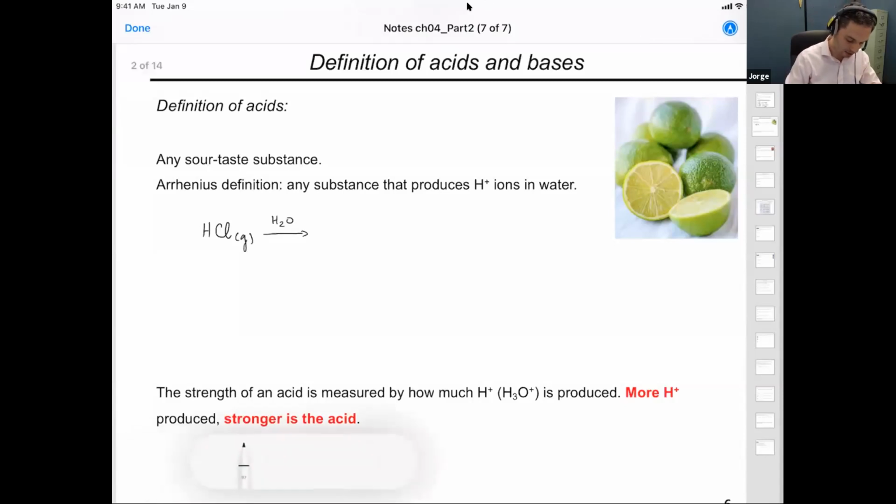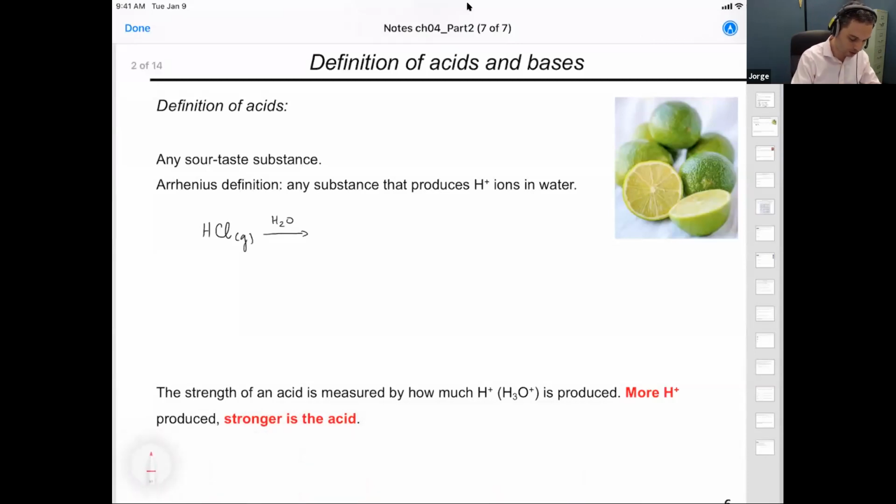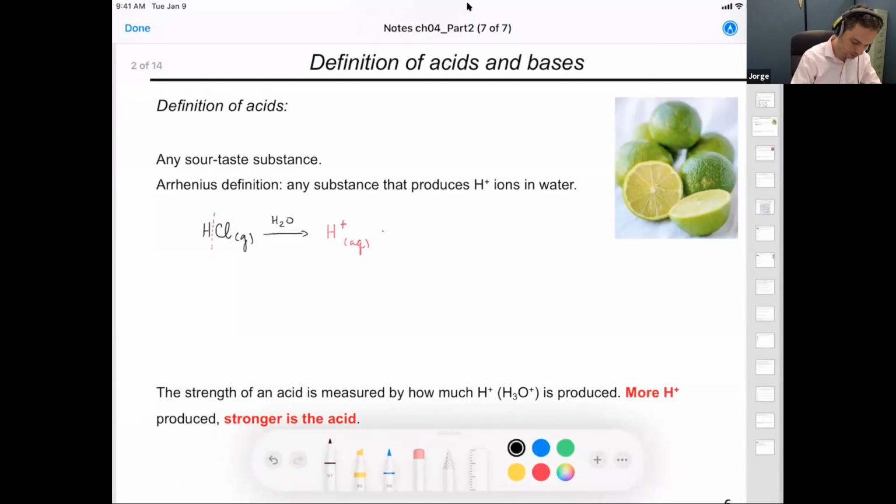And every time we dissolve an acid in water, this bond over here is going to break, and we have to produce H+. Now this is dissolved in water, so I'm going to represent that by (aq), plus whatever is left.